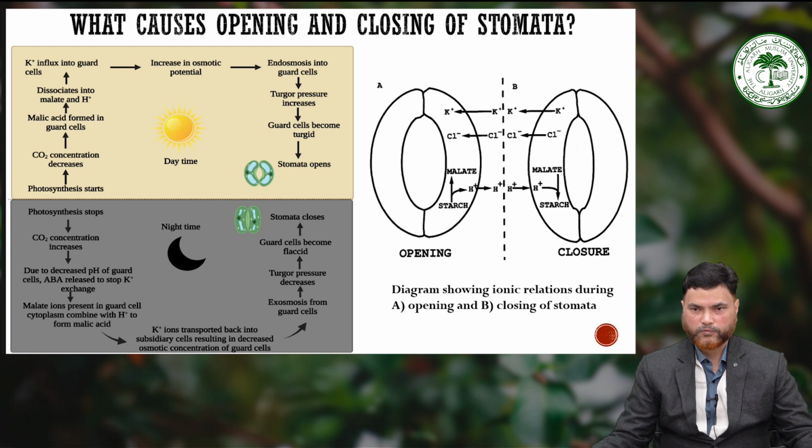So, what happens during opening of stomata? This proton pump plays a very crucial and significant role in controlling the turgor of guard cells, with potassium playing a crucial role in decreasing the osmotic potential up to how much? 2 megapascal.